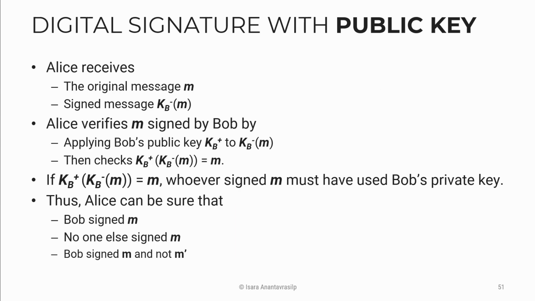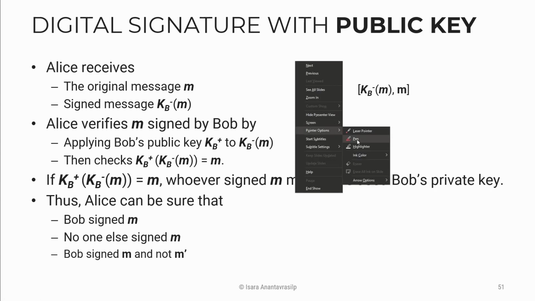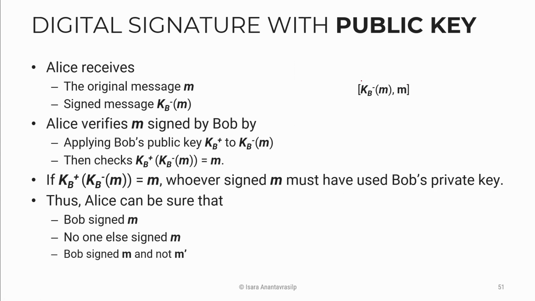When Alice receives the pair, it looks like this. In the pair, she knows the original text M along with K_B^-(M), which is the encrypted version of the message M.